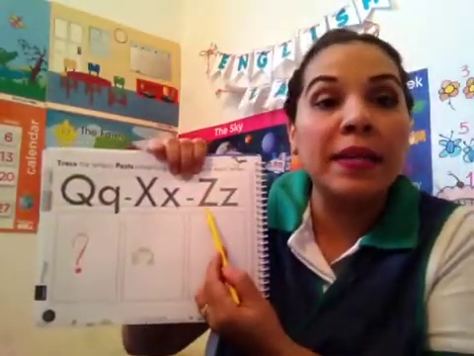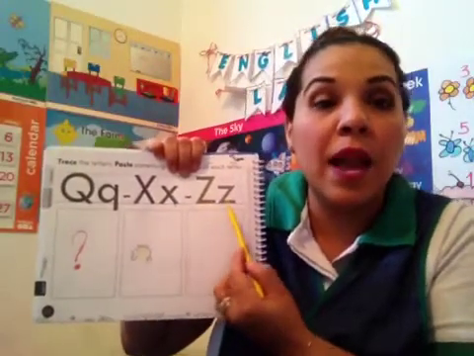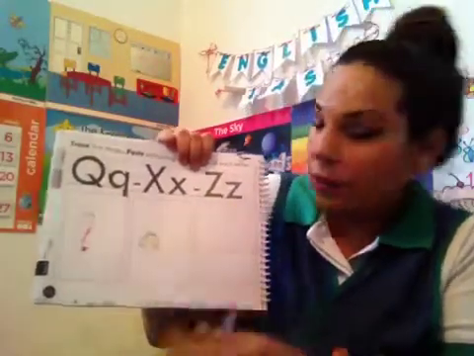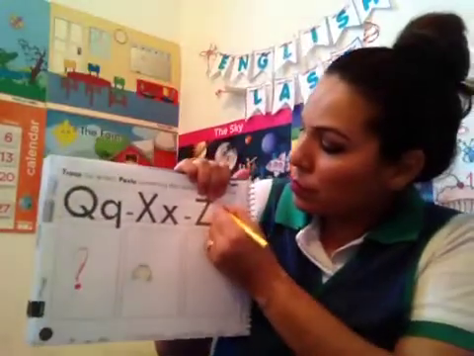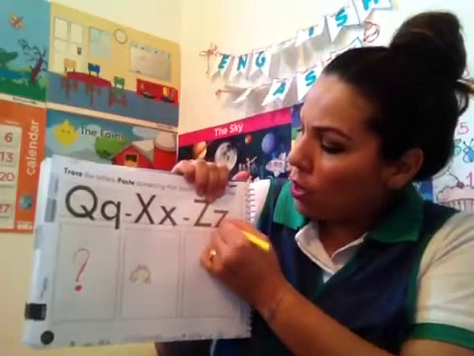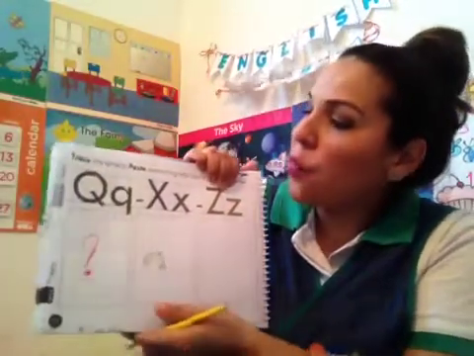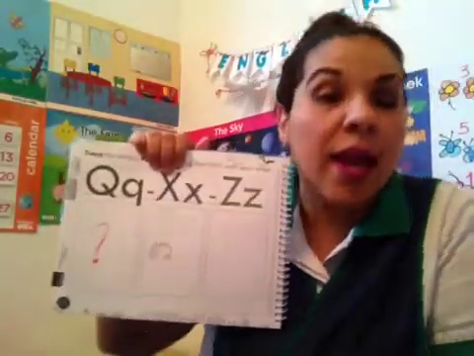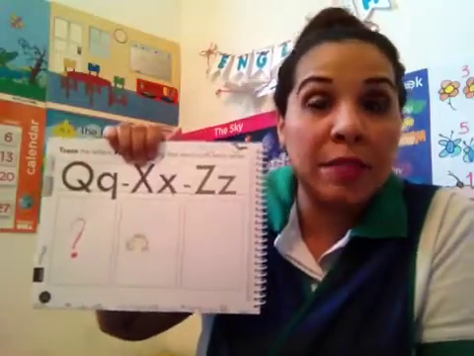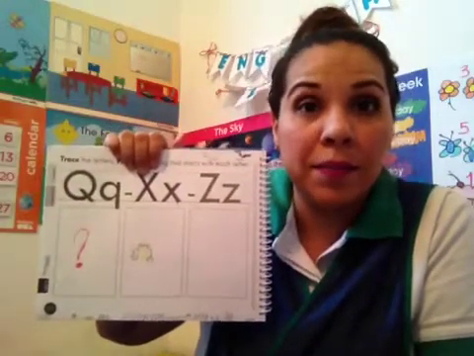Okay? Capital letter Z. Now, small letter Z. 1, 2, 3. Excellent. And do you remember some words that begin with letter Z?